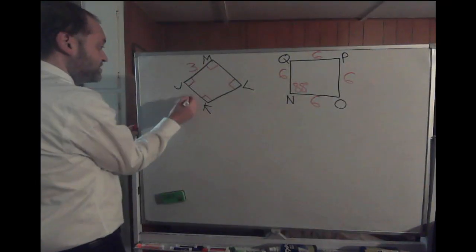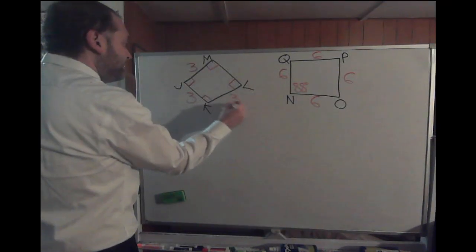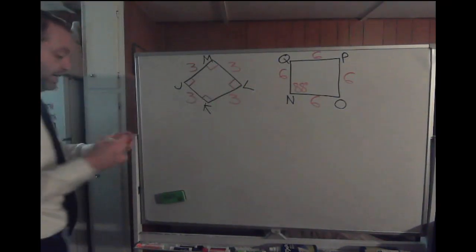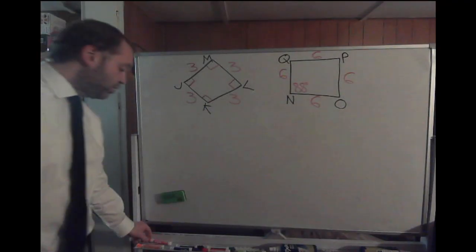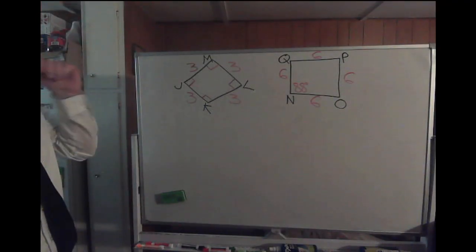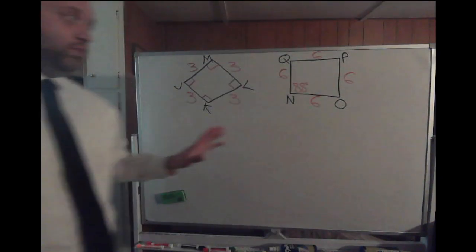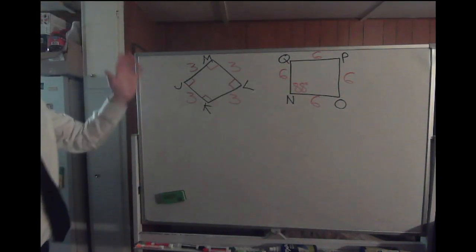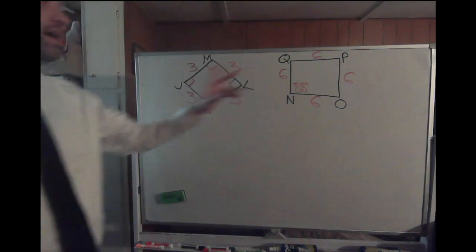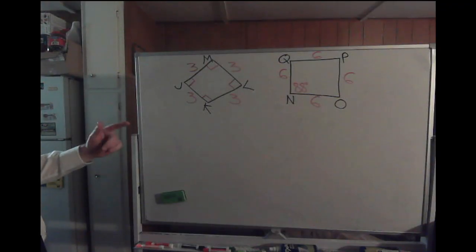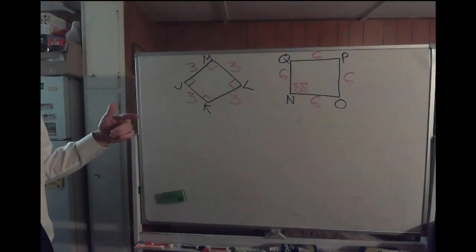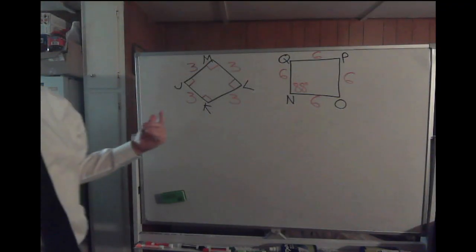And then each side here has a length of 3. Okay, so this time we're going to compare quadrilaterals JKLM and NOPQ. Looking at their sides, it looks like every single side would have the correspondence 3 to 6 between the two. In other words, the scale factor would be 1 to 2.